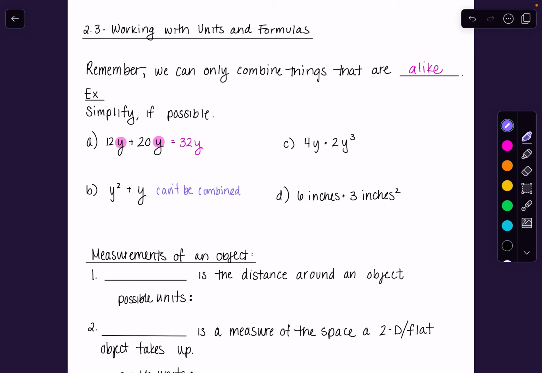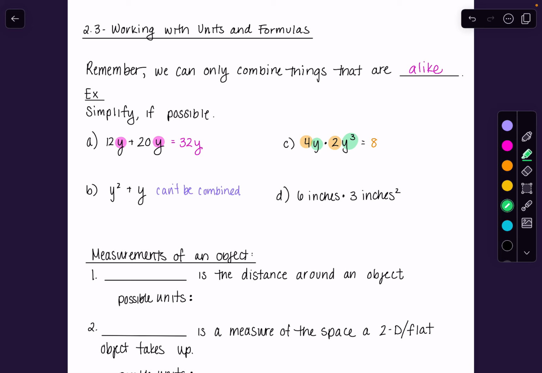So moving on to C, if I try to do 4y times 2y cubed, it's just straight multiplication because 4y is meaning 4 times y. So I'm going to multiply the things that are alike. So I'm going to start by doing the 4 times 2, which gives me 8. And then I want to do y times y to the third. So remember, when I'm multiplying something with exponents, they have the same base.